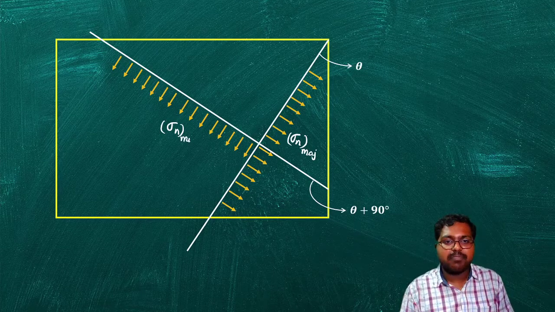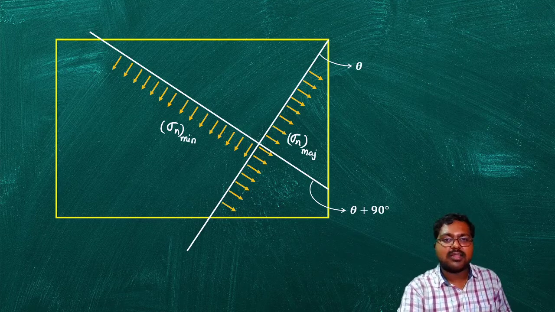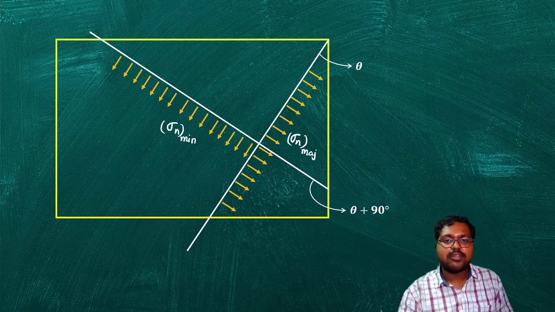These two are the principal planes, and the normal stresses which are acting on these planes are principal stresses. Along with this one, we are also having maximum shear stress.